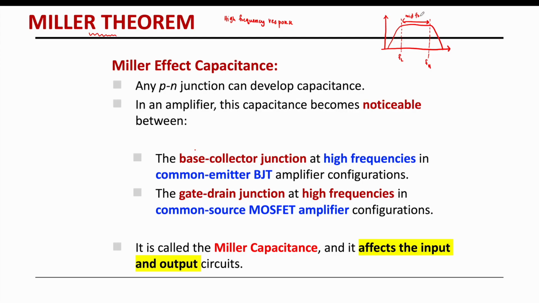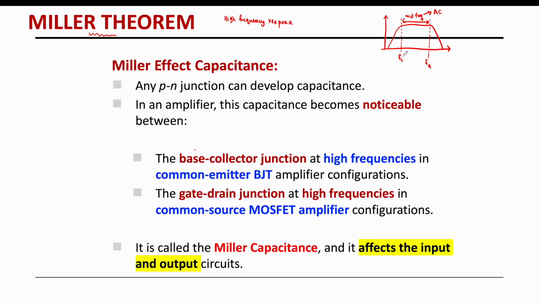We have discussed this mid frequency when we do the AC analysis, where all the capacitances are shorted inside your circuit. The coupling capacitor and the bypass capacitor are shorted inside the circuit.